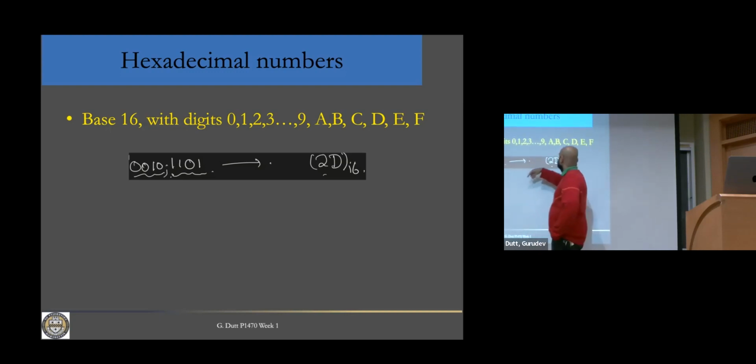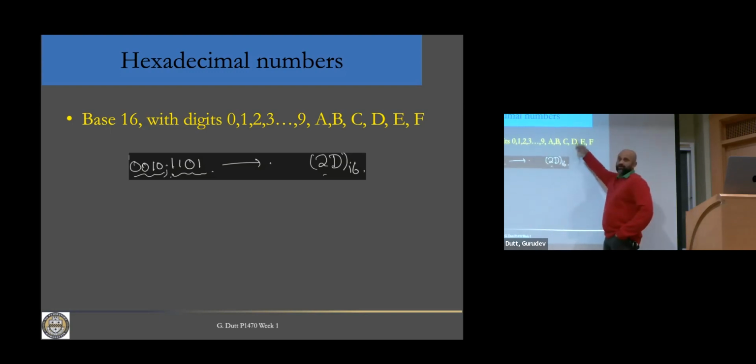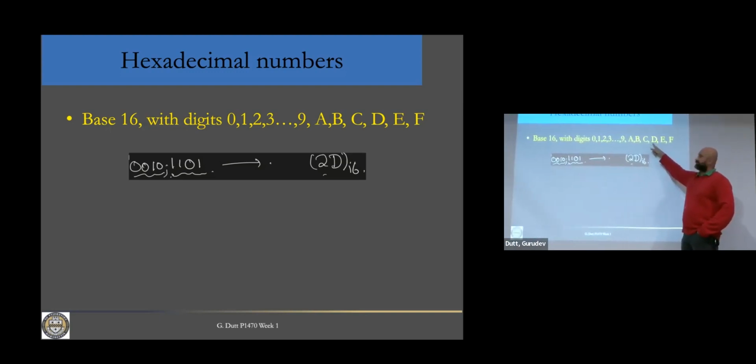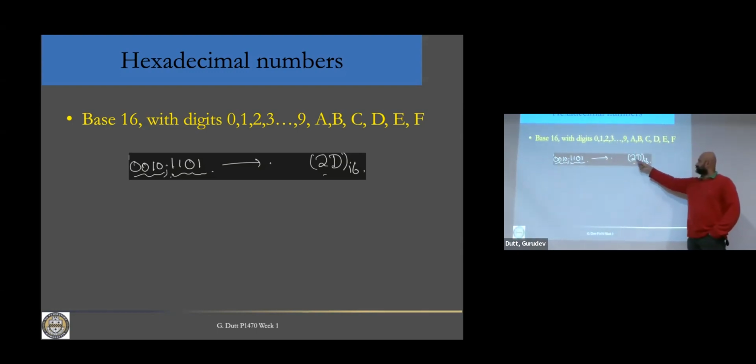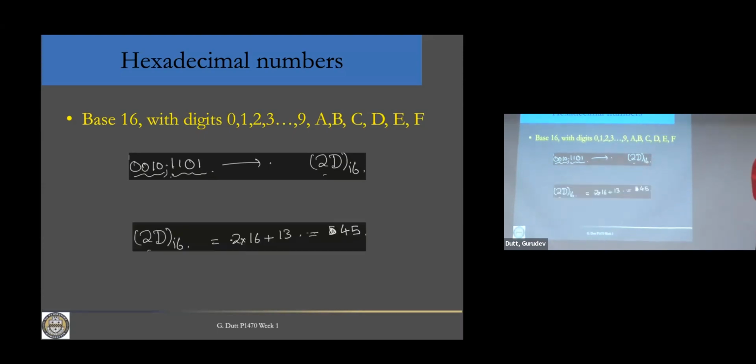In this case, that's the hexadecimal digit D, which is the number 13. Then we have 0, 0, 1, 0, that is just the number 2, so this is 2D in base 16.